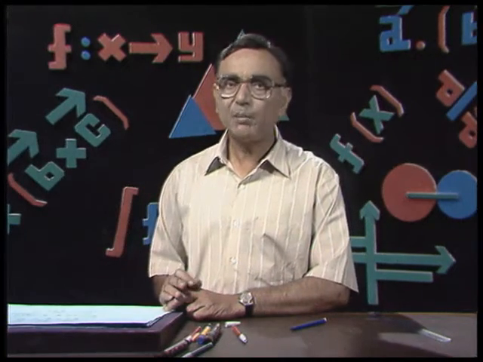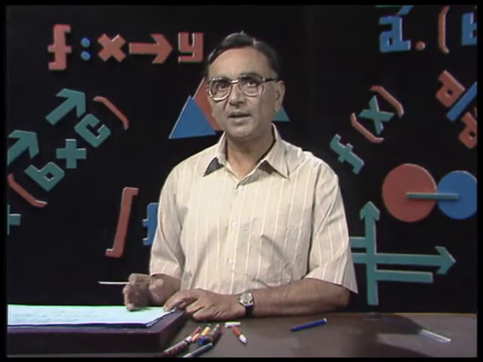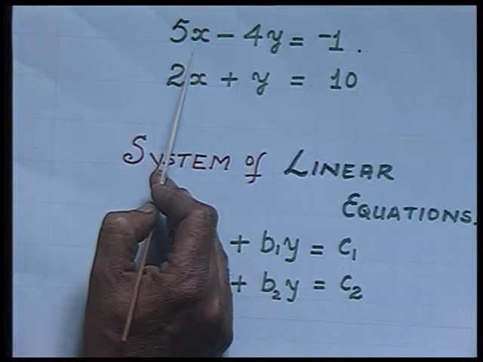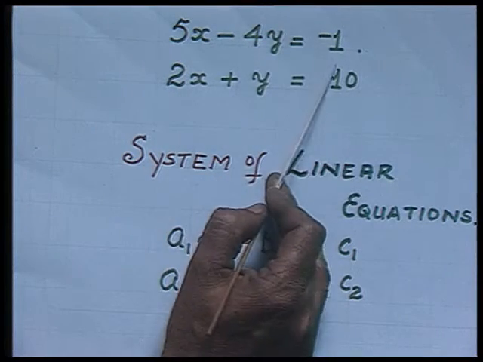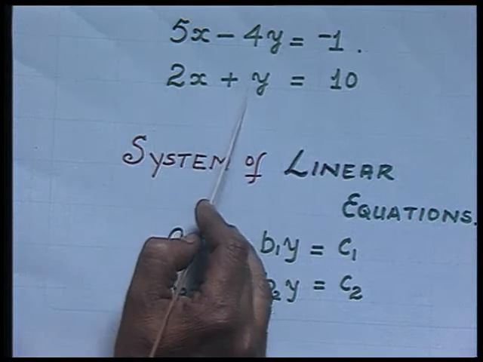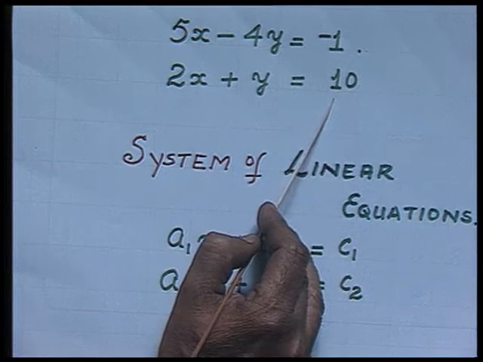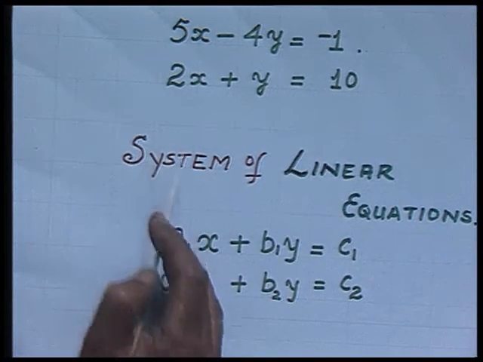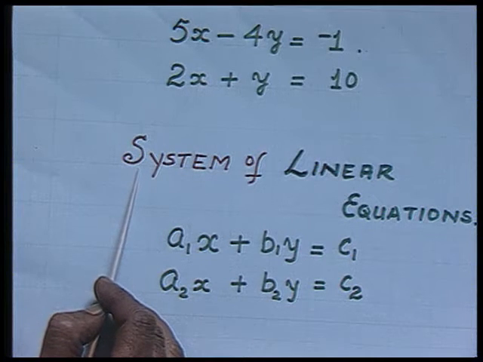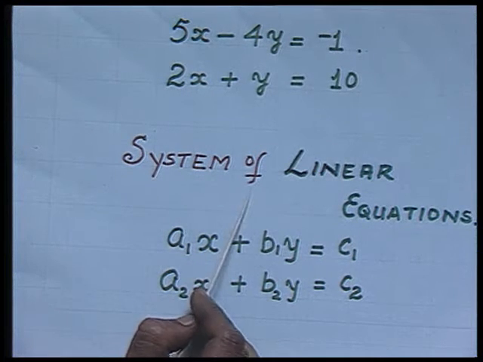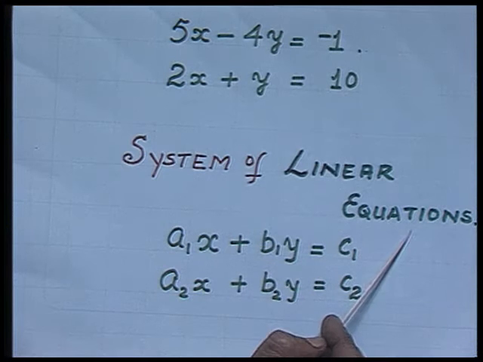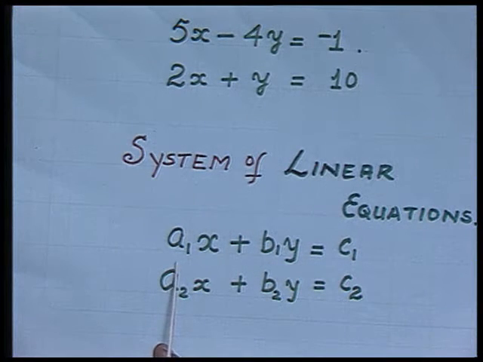But in case I have two equations, the equations being 5x minus 4y equals -1 and 2x plus y equals 10. So these are the two linear equations, and these two linear equations together will form a system of linear equations. And the general format for the system of linear equations is a1x plus b1y equals c1 and a2x plus b2y equals c2.